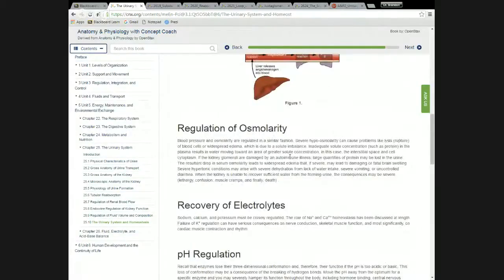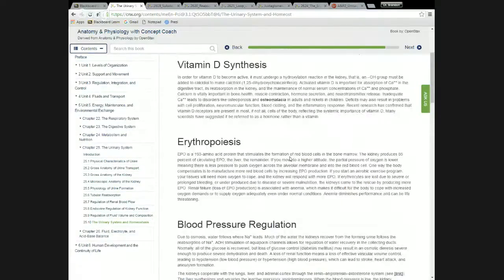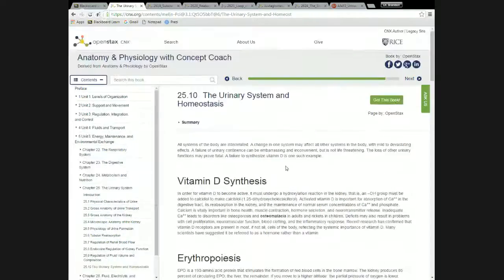And this is just an overview of some of the homeostatic mechanisms, which for what I'm interested in you paying attention to, we've already covered. So blood pressure homeostasis, calcium homeostasis, those sorts of things we've already covered, but it mentions a couple of other things here.